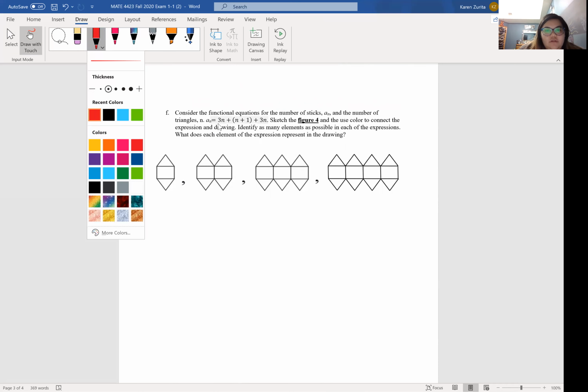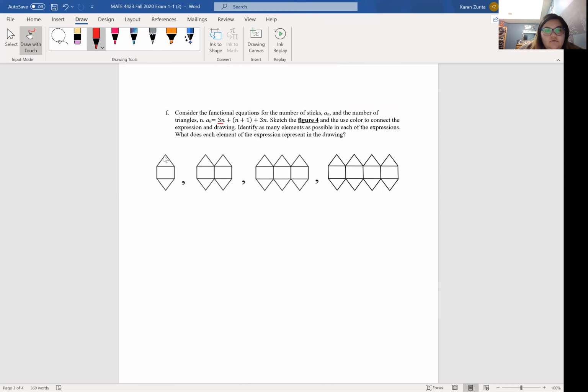This first 3n, we're going to do it for this triangle on top for all of them. So these 3, these 3, these 3, these 3.